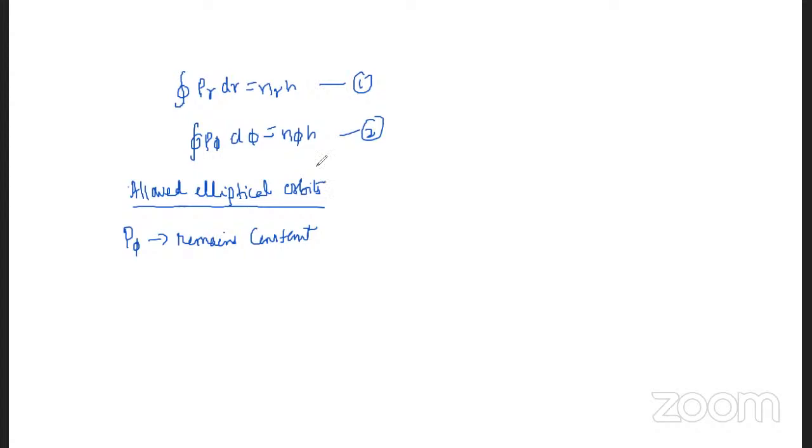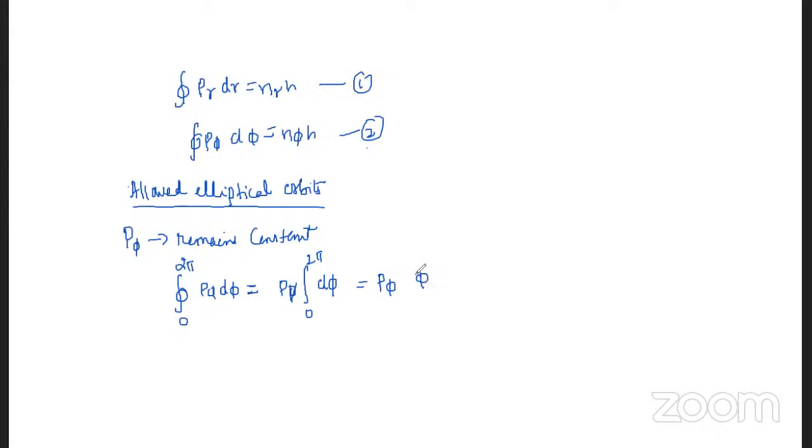So here, the equation we have taken as equation 2: if you take the integration, if it is revolving through 360 degrees, from 0 to 2 pi, of p phi d phi. As p phi is constant according to classical mechanics, we can take it outside the integration, so we have p phi times the integration from 0 to 2 pi of d phi. The integration of d phi is phi.